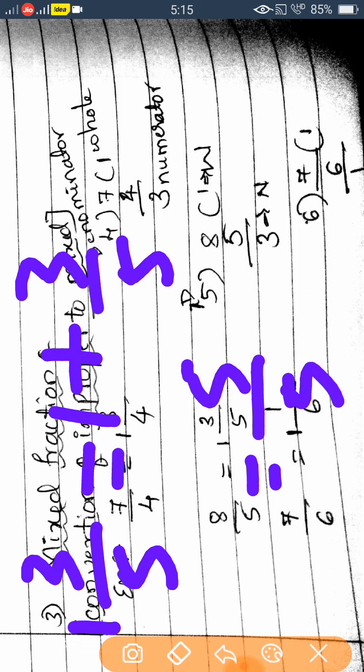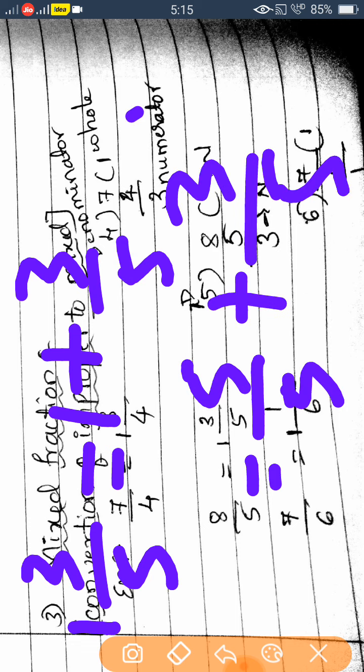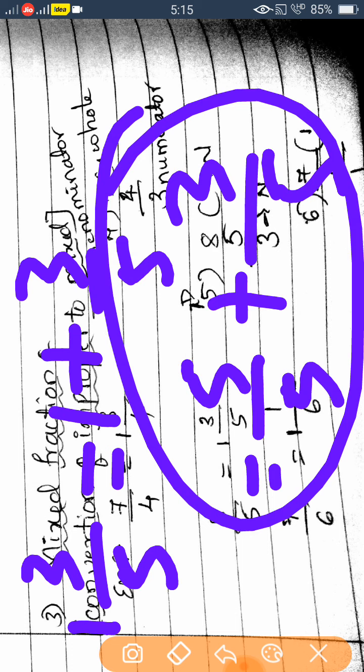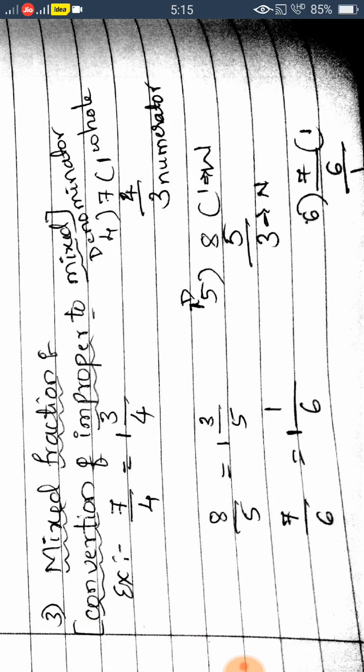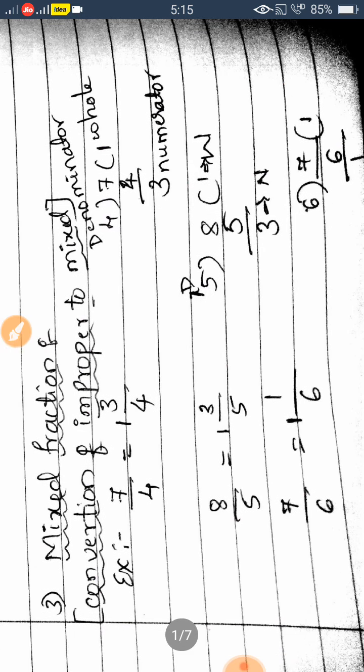That's why we have taken a full apple. Then this is also 3 by 5. This is how that represents the mixed fraction. So this is another example: 7 by 6 we can write as 1 whole and 1 by 6. We can write this as 1 plus 1 by 6 also.